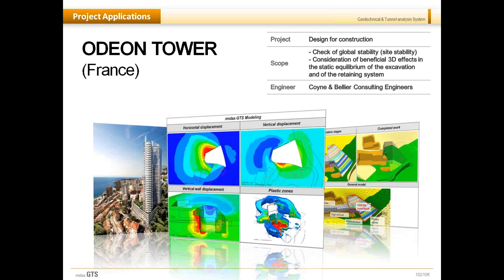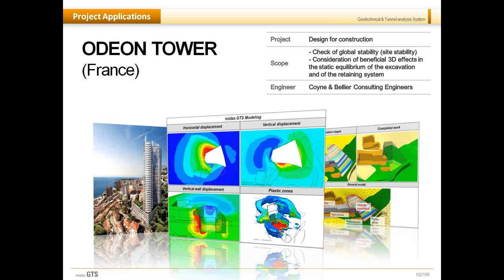Another very big project is this Odeon Tower in Monaco. So the assessment of the ground surface movements, especially in adjacent building foundations, and the check of the global stability was done considering the 3D effect and the static equilibrium of the excavation, and especially considering the arching effect of the uphill side.